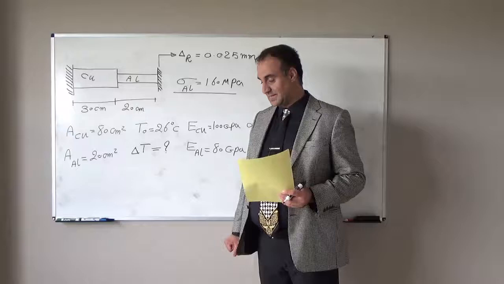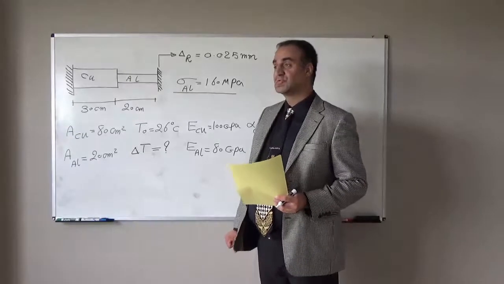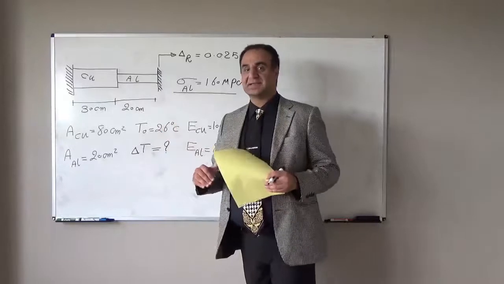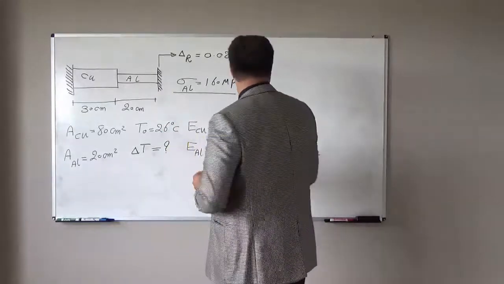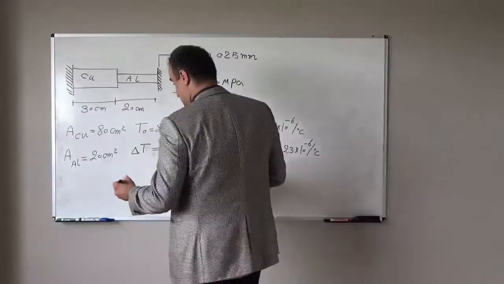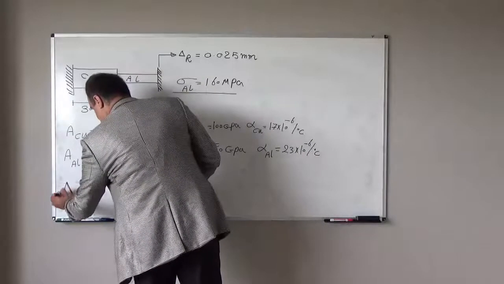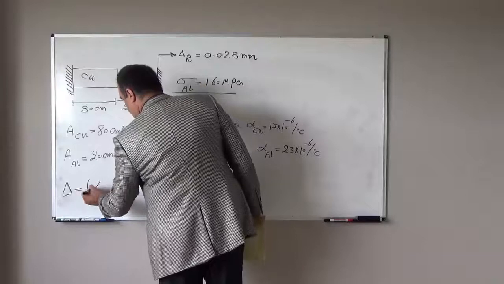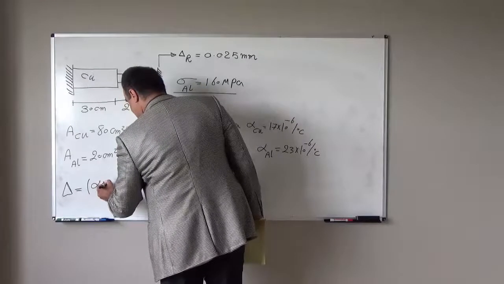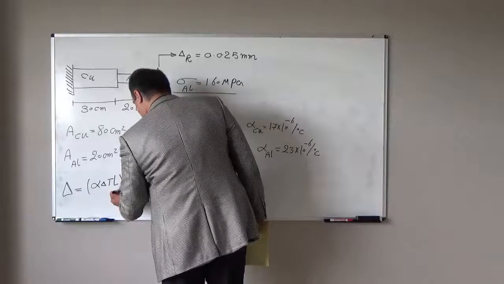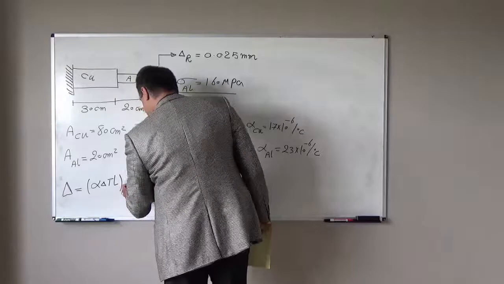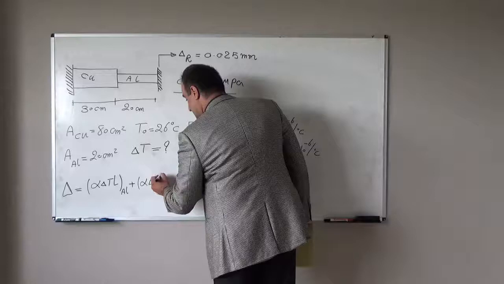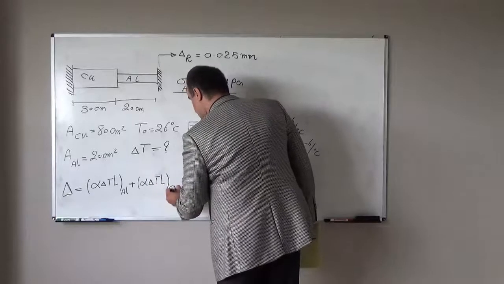How will I find it? Let's assume this is free. If I decrease the temperature, I will have deformation. How much is that deformation? That deformation delta will be equal to alpha delta T L for aluminium plus alpha delta T L for copper.